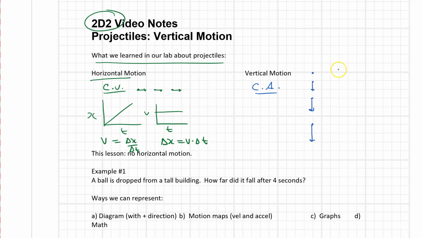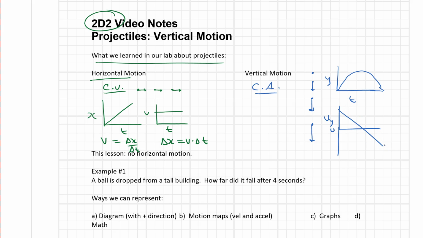If we're going to draw a position-time graph, now it would be y instead of x, and we could have a parabola or a parabola this way, depending on which way is up and which way is down. Our velocity in the y direction, again, could look like this.